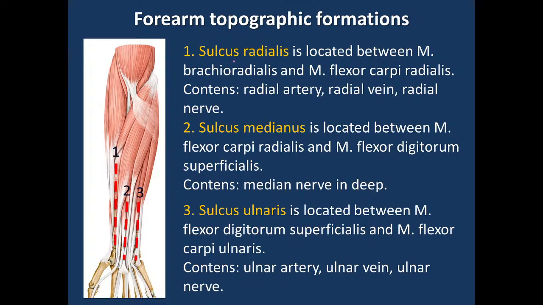And three sulci we see on the proximal part of the forearm. They are also located between muscles, and the first one, sulcus radialis, is here between the brachioradialis and flexor carpi radialis, and contains the radial artery, radial veins, and radial nerve. This is the point where we touch the pulsation of the radial artery.